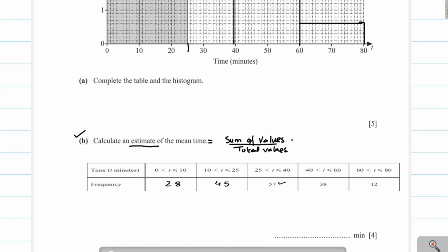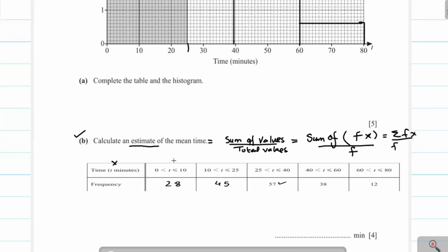The sum of values in grouped data is equal to the sum of the product of class marks and frequency, and we can write this as the summation of fx over the total frequency. The class mark is the middle value of the class interval.